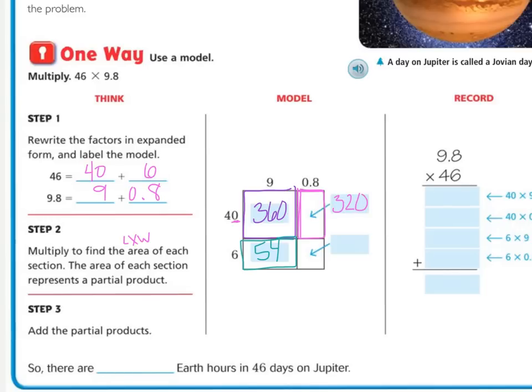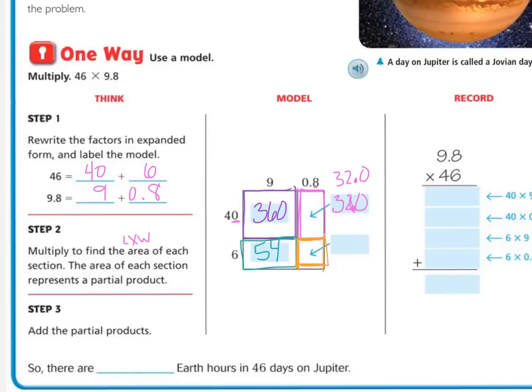And then how many decimal places do we need? We need 1. So it should just be 32 decimal 0, and you can just drop the 0 if you want to. So it's 32. And then our last one, this box, it's 8/10 again by 6.